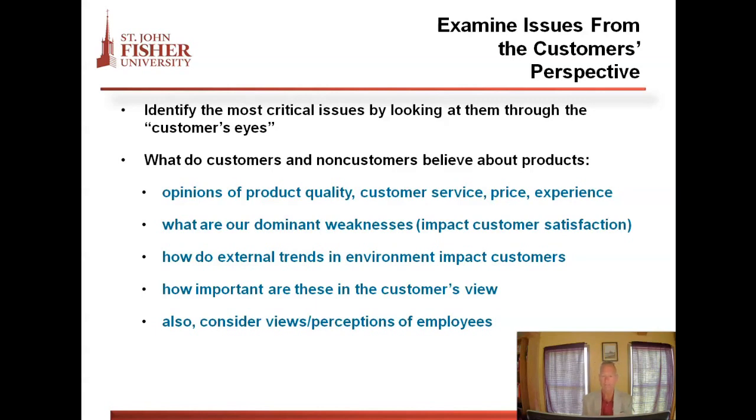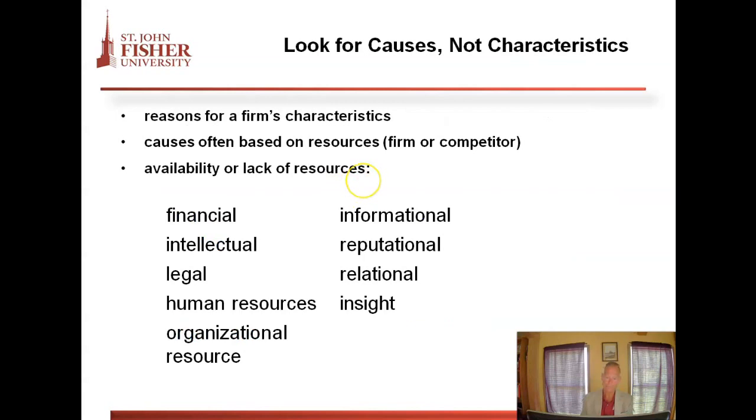So what opinions of quality, what opinions of go to market or market speed, what opinions of customer service, what opinions of distribution? Do you have a strong distribution strategy? Do you have good operational excellence? How important are these to the customer's views? And are they very important? And if they are, and that's one of your weaknesses, that can be one of your strategic focuses.